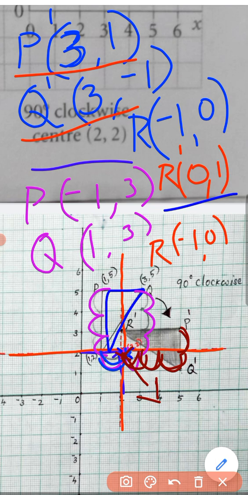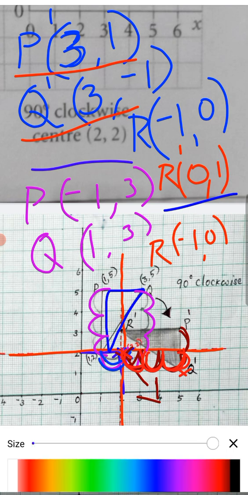Start from the center of rotation: 3 units to the right side, 1, 2, 3, and 1 unit down, since it is -1. So this is Q dash.